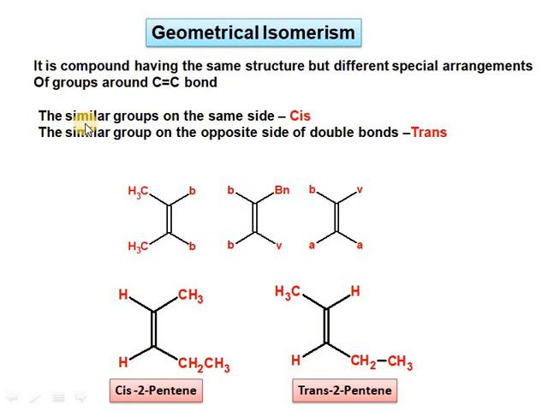We have seen that two similar groups on the same side is called a cis isomer, and similar groups on the opposite sides of the double bond is called a trans isomer.